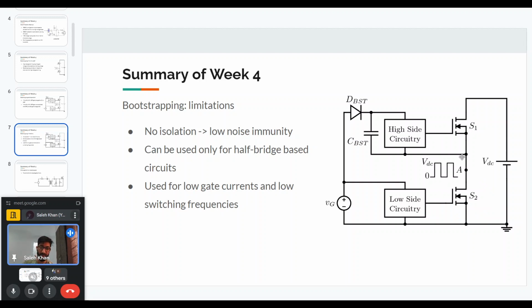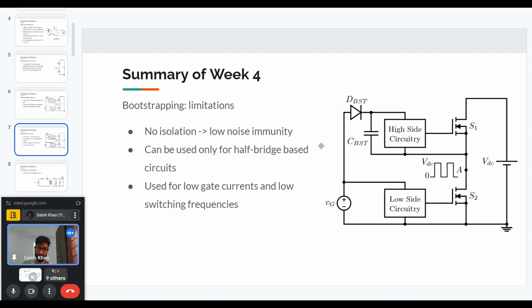If the switching frequency is high, then the time duration where the low side switch is on will be very small. And if the bootstrap capacitance value is high, then it may not get enough time to get charged to the full VG value. So that is why there is some limitation on the switching frequency and the current that it can supply.